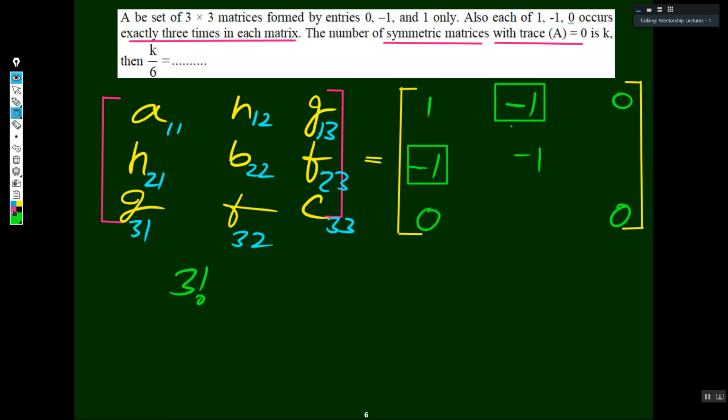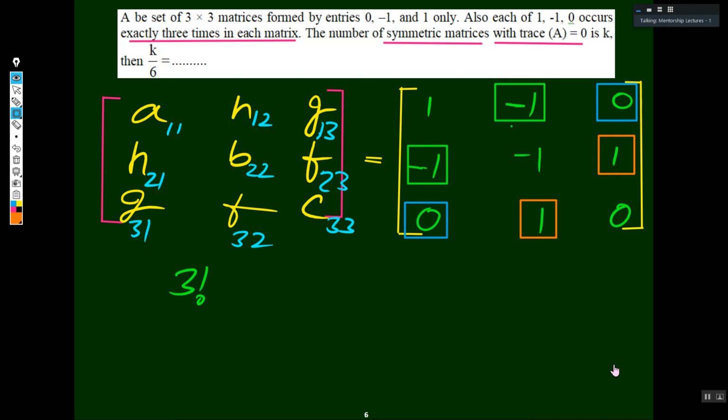And similarly, this is the same as this. And the other one, 1. What he means to say by mirrored is this one.